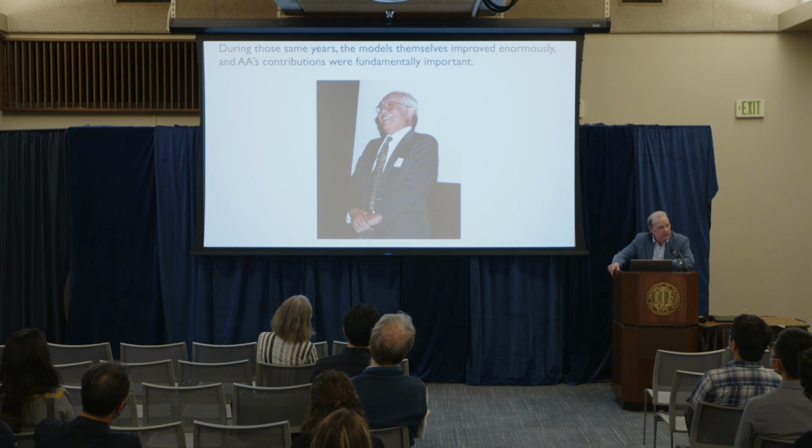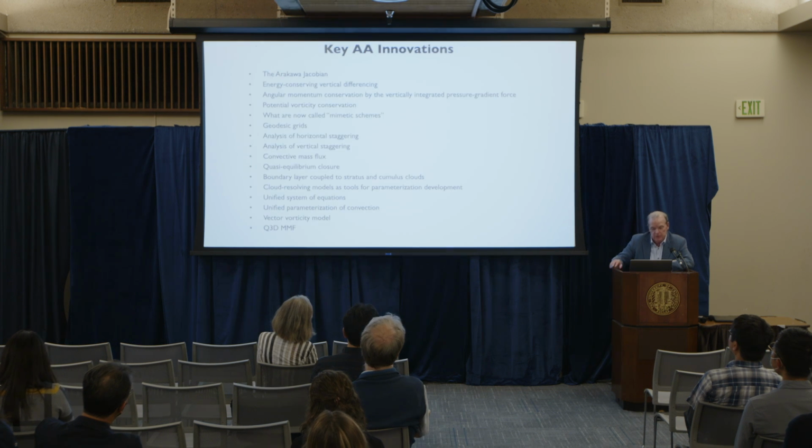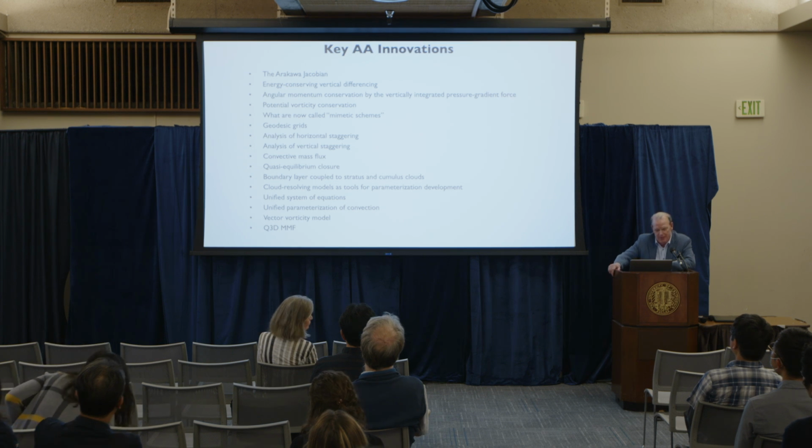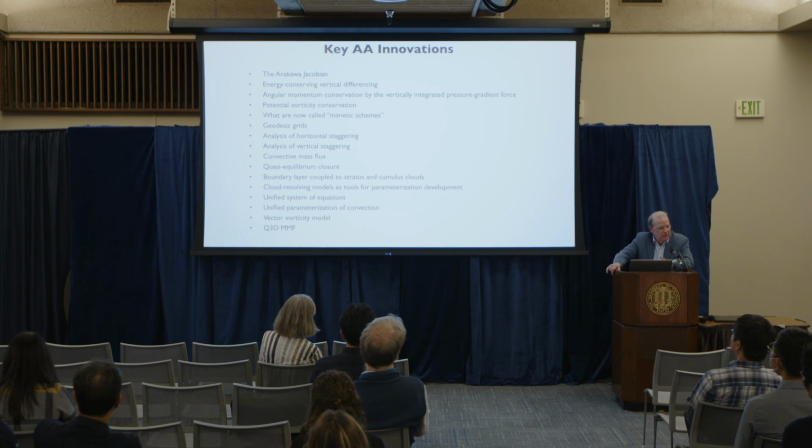And during the same years as the machines were getting faster, the models themselves were tremendously improved, and this guy had a lot to do with that. So I'm going to show you this list of innovations, and I probably left something off, and I apologize if it's your favorite thing. And it's not quite in chronological order, but it's maybe slightly chronological.